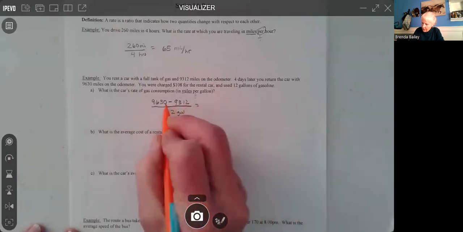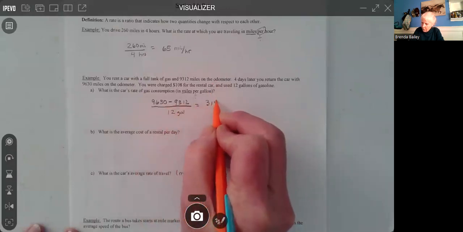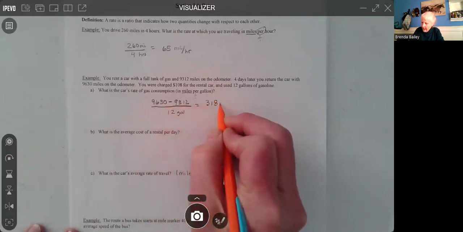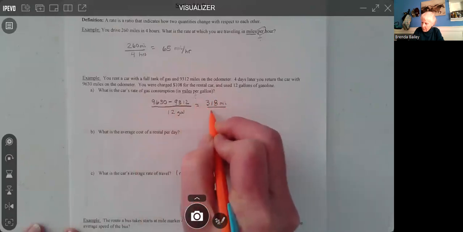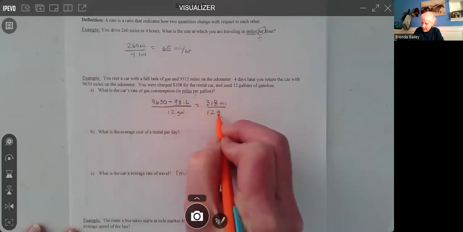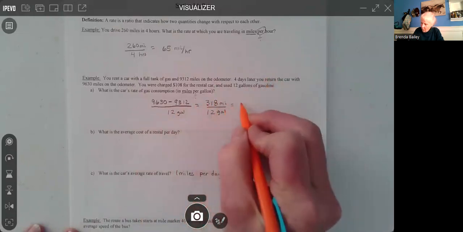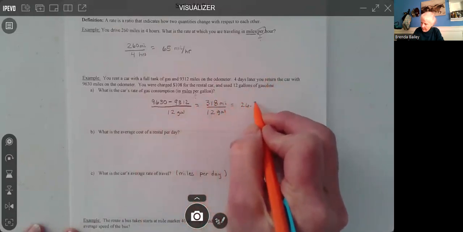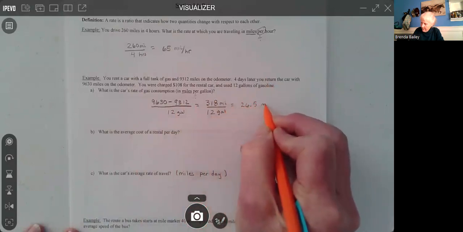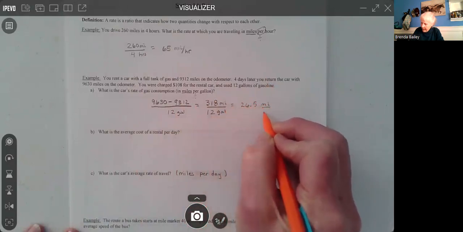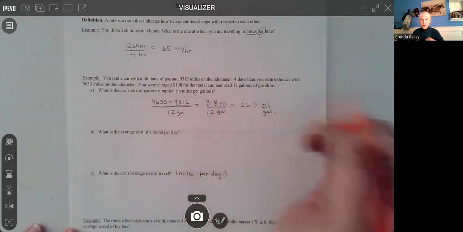So when you subtract those, you get 318. You drove 318 miles and you used 12 gallons of gasoline. So that when you divide those, you get 26.5 miles per gallon is what you have.